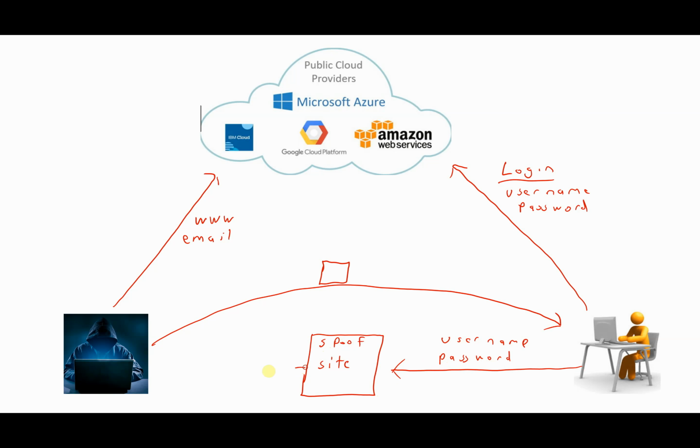The stolen login credentials are then sent to the threat actor. The stolen credentials can now be used to access the public cloud environment. Once in, they can exfiltrate data, steal computing resources, or access any of the cloud applications.